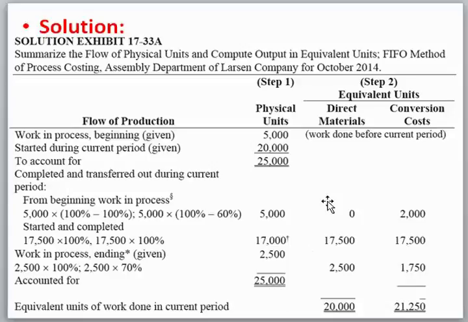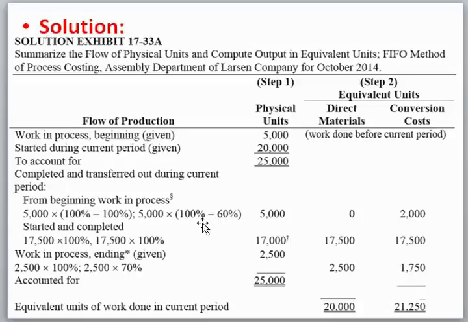So the direct material for the beginning work in process will be 0 because it took all the direct material before. So 5,000 multiplied by 100% minus 100% will be 0. And for the conversion cost, 5,000 multiplied by 100% minus 60%, it will only be 40% because it took 60% before.